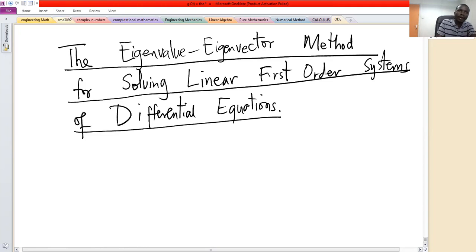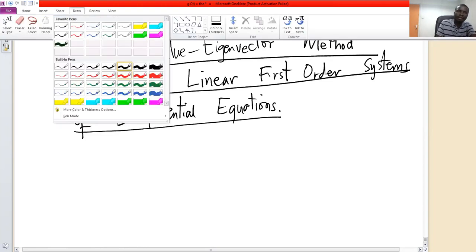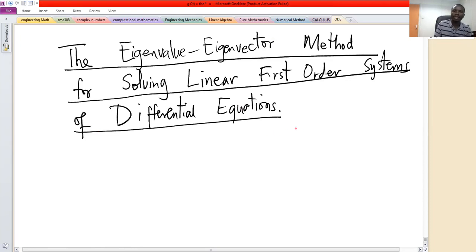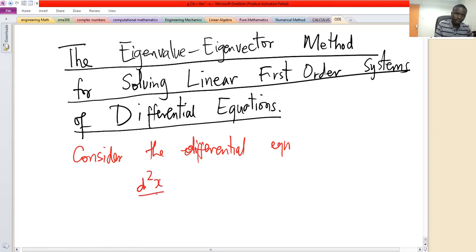differential equations. Now, remember, just for example, if you are given, so consider the differential equation d squared x/dt squared minus 5 dx/dt plus 6x equals 0.